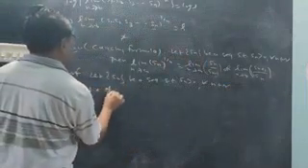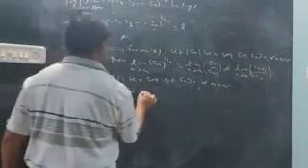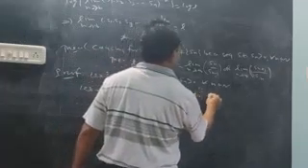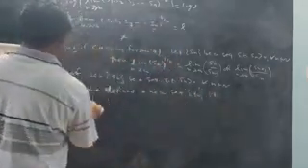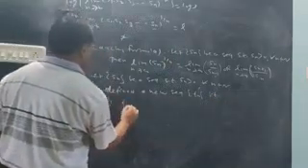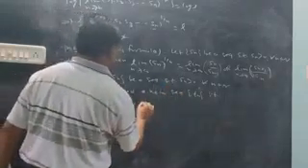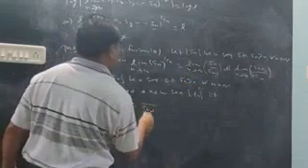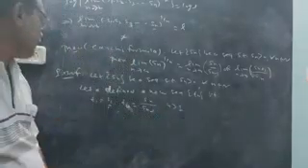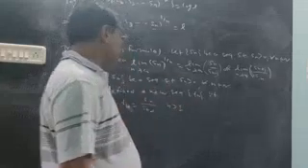Let us define a new sequence Tn such that T1 is S1 by 1, and after that Tn will be the ratio Sn upon Sn minus 1, that is after 1, because T1 is S1, n equal to 1, after that T2, T3.